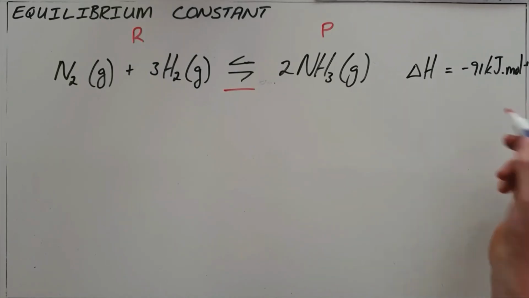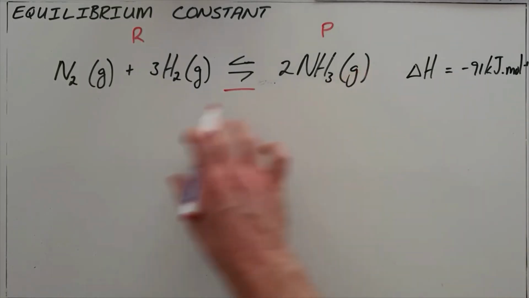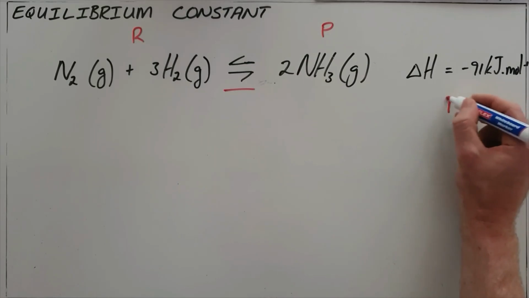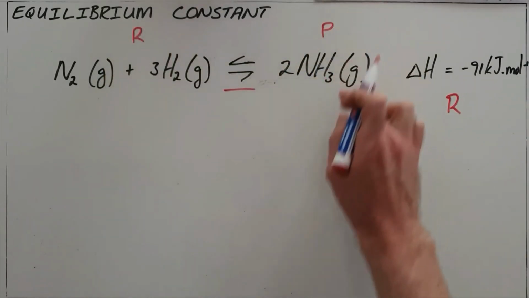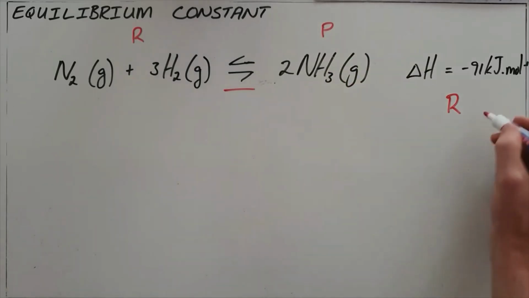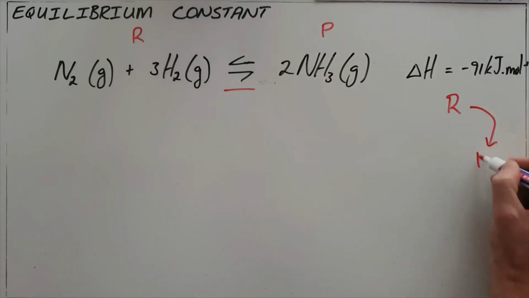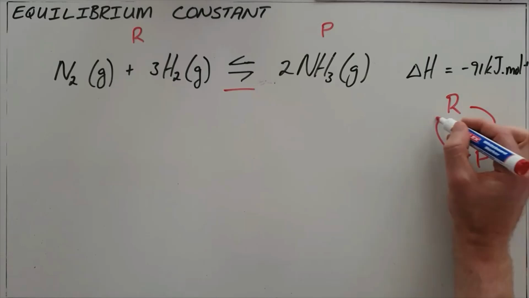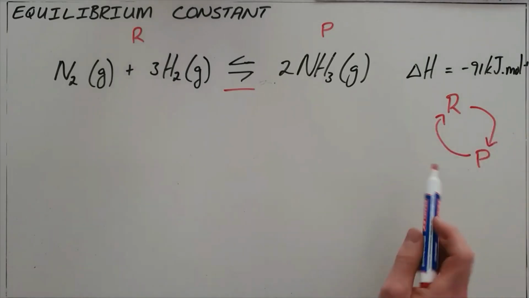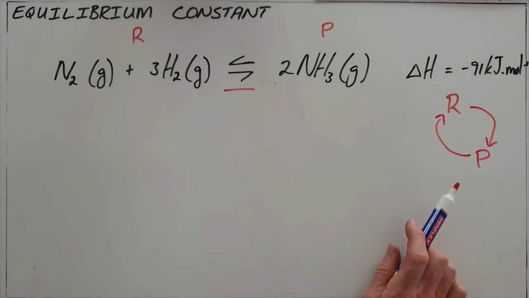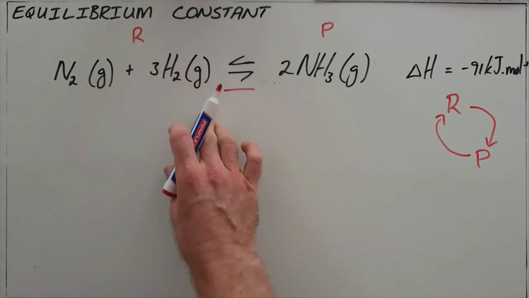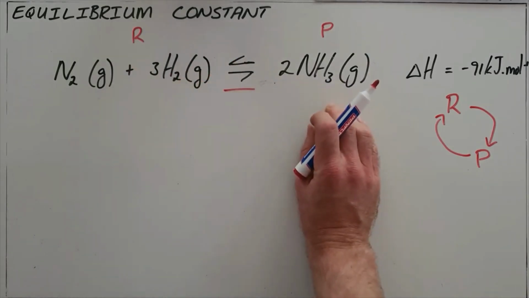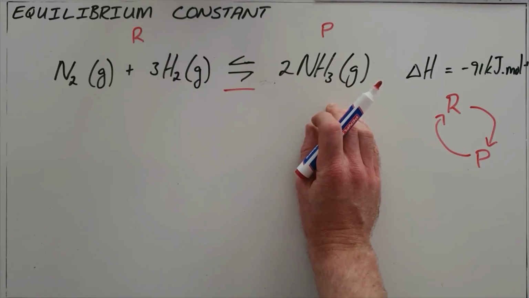What we've also learned now is that some reactions, of which this is one, are reversible, meaning that as the reactants produce products, the products are then able to react and produce those reactants again. This creates a cyclical reaction or a cyclical process known as chemical equilibrium. Chemical equilibrium is when the rate of the forward reaction is equal to the rate of the reverse reaction.